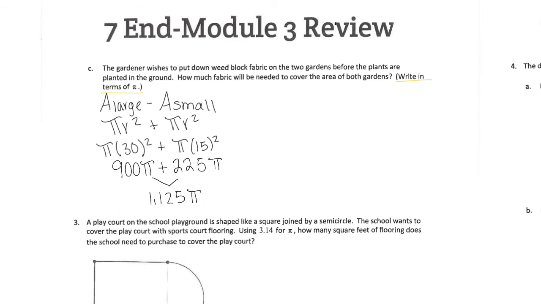Now, we are still missing one thing, and that is our unit of measurement. Our unit of measurement here is going to be meters. And because we're talking about area, it is always squared. So we will need 1,125 pi meters squared of fabric to cover both area of the gardens.